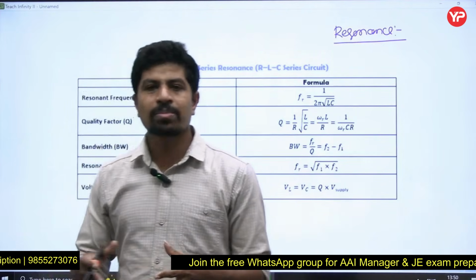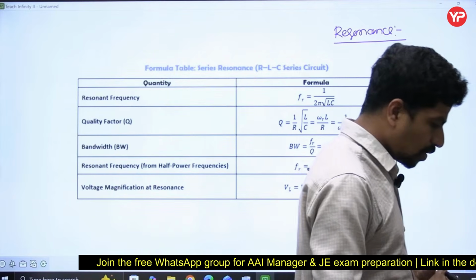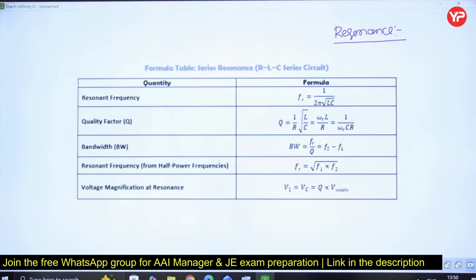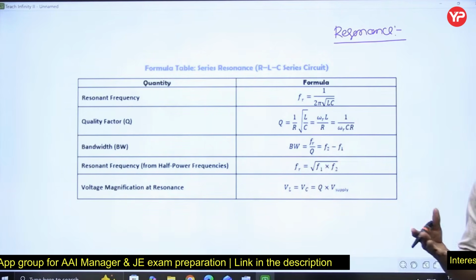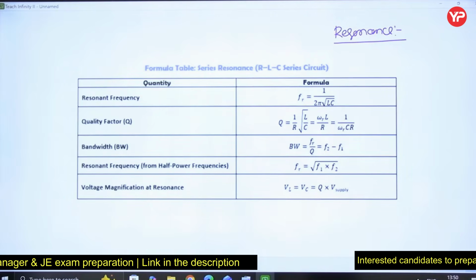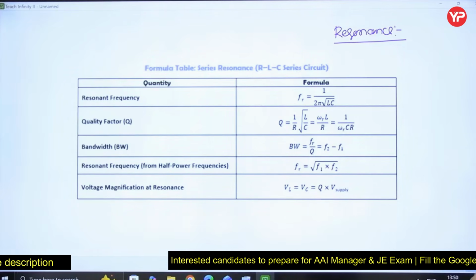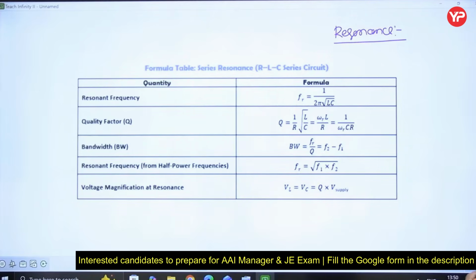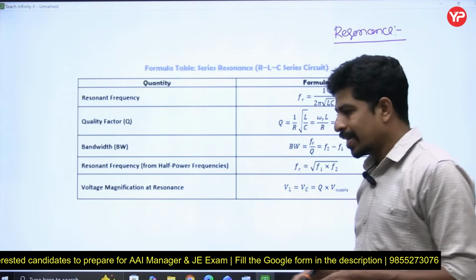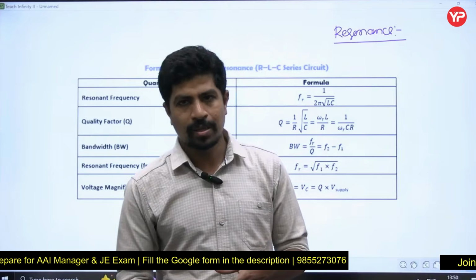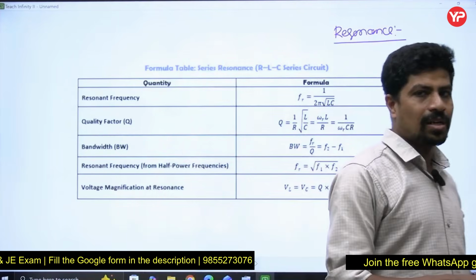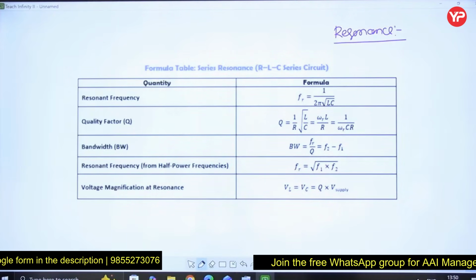Because this is 10 plus 2 level physics, and this is a junior executive examination. Only superficial level questions will be given. Even the toughest question in the AAI exam is going to be very simple compared to IIT JEE Mains or Advanced.